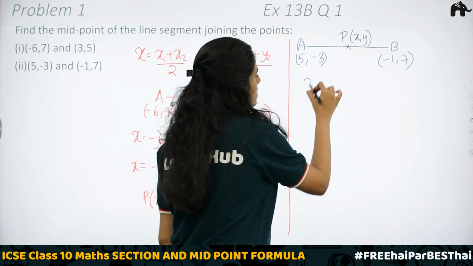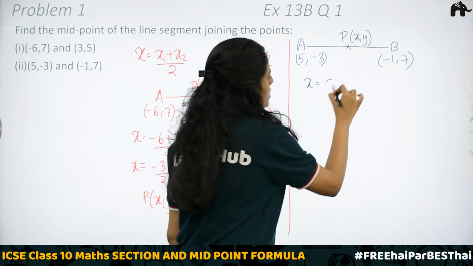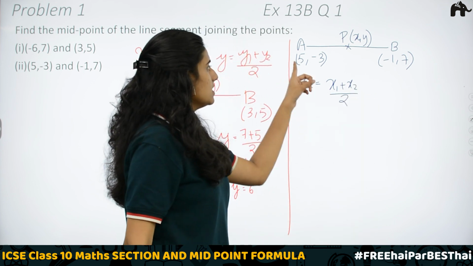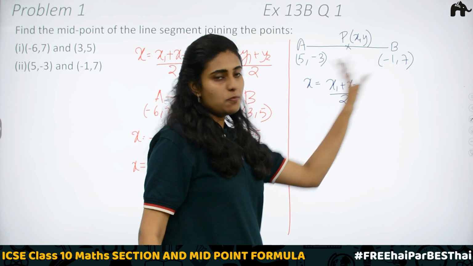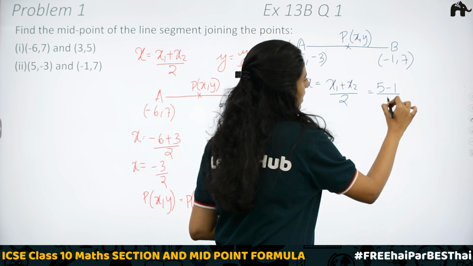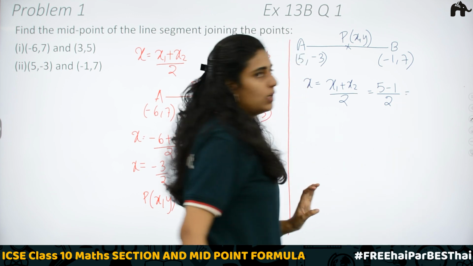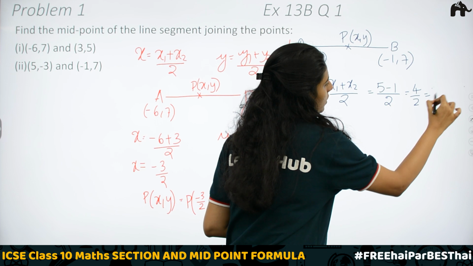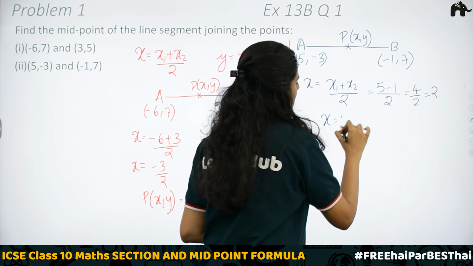Now, x will be equal to (x1 plus x2) divided by 2. Here x1 is equal to 5 and x2 is equal to -1. That is (5 minus 1) divided by 2, equal to 5 minus 1, 4, 4 by 2 equal to 2. Therefore, x coordinate is equal to 2.